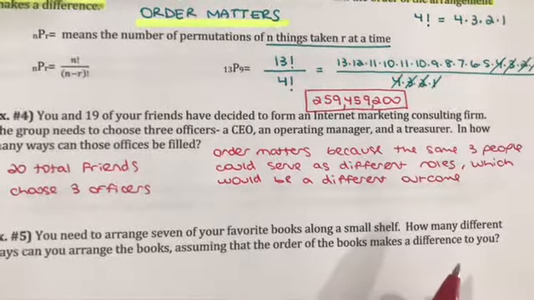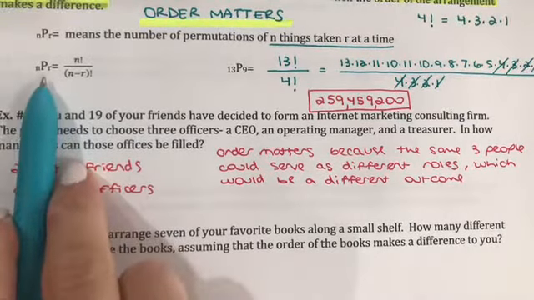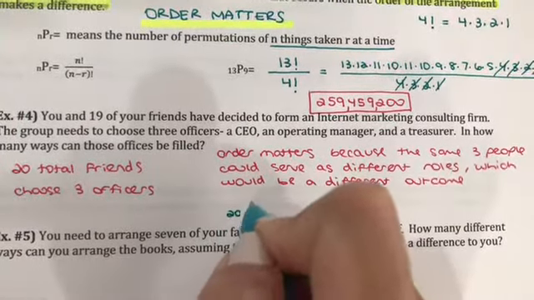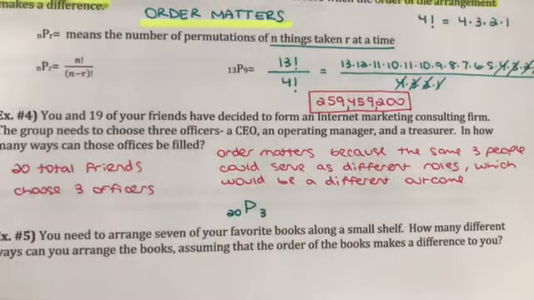So the way that we would type this in is, N is the total number of options we have, so 20. Permutation, and we're choosing 3 people at a time.